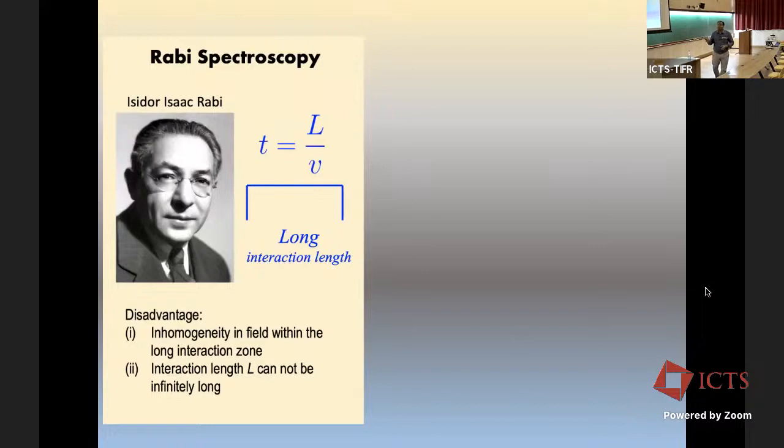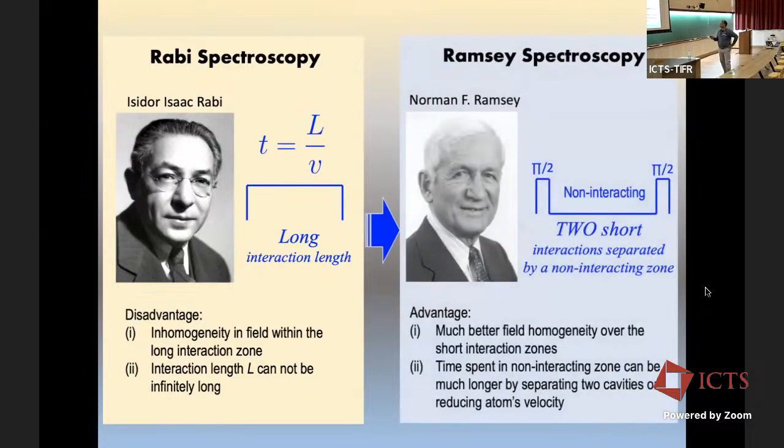So then his student, Ramsey, did a little bit of modification of Rabi's technique, and that worked quite fantastic. What he said is that you actually don't need very long interaction zones, but let's use the effect of interference.